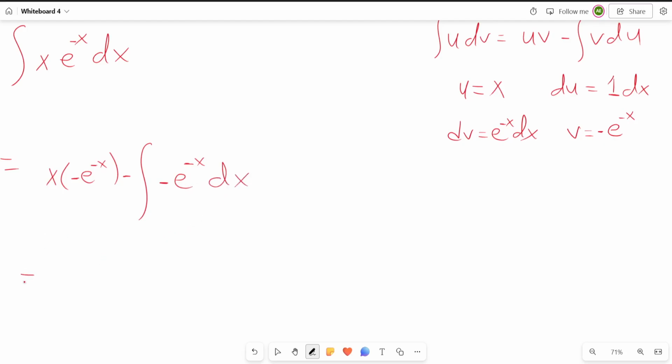Okay, so over here I'll have negative x e to the power of negative x, negative times negative is positive, integration of e to the power of negative x dx. This is equal to negative x e to the power of negative x, and then the integration of this again is going to be negative e to the power of negative x plus c, and this is going to be my answer over here.